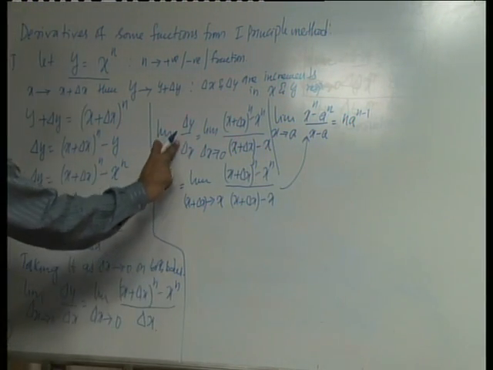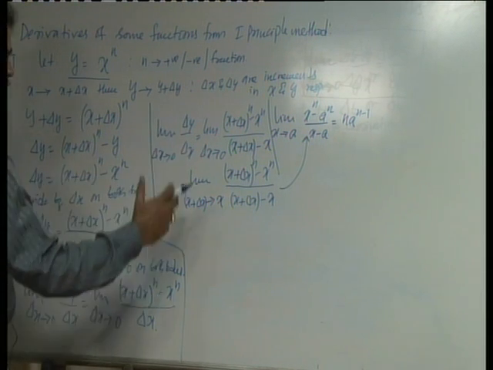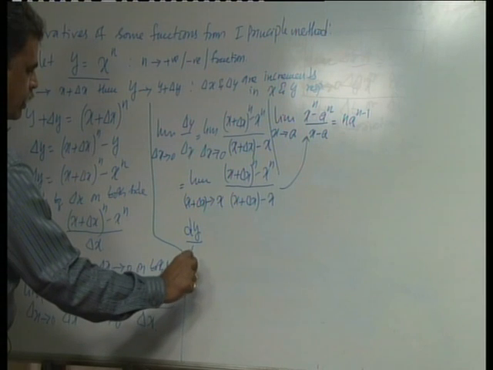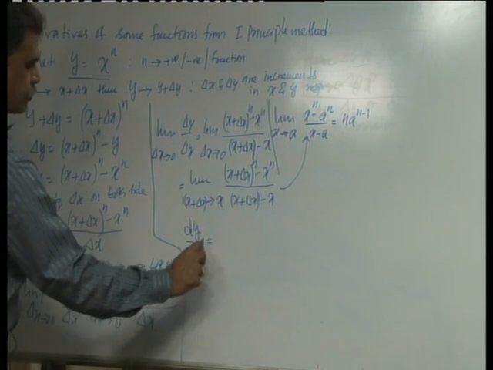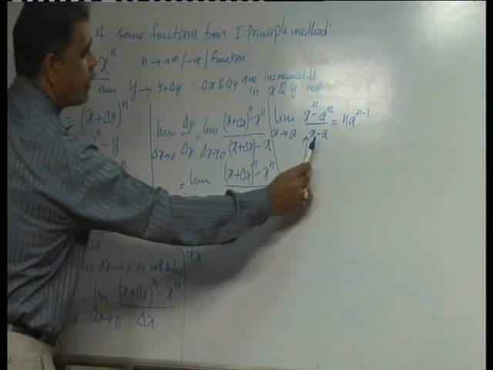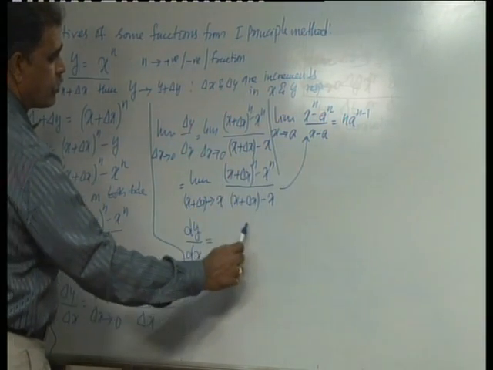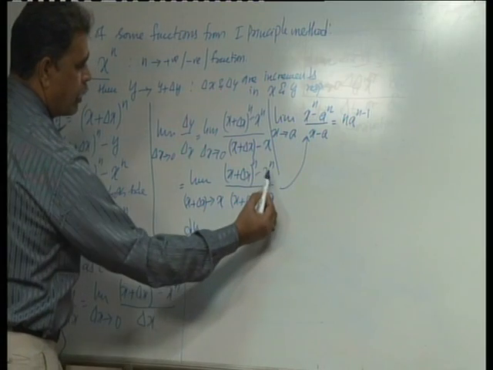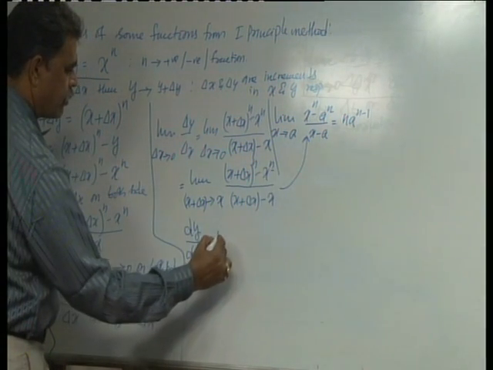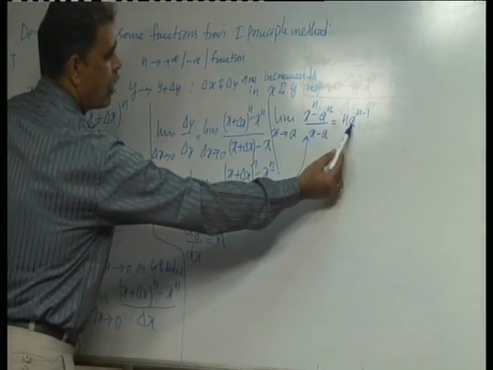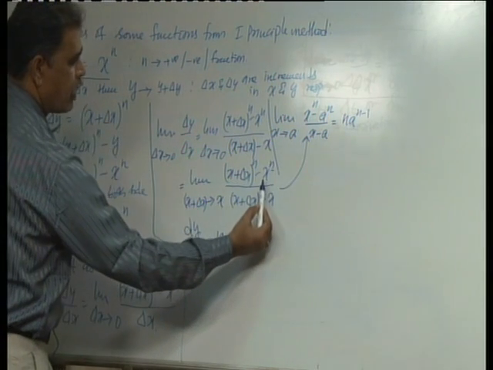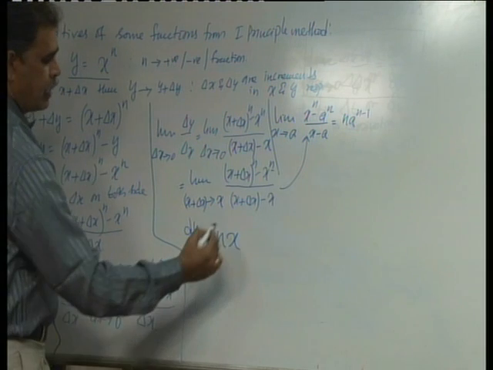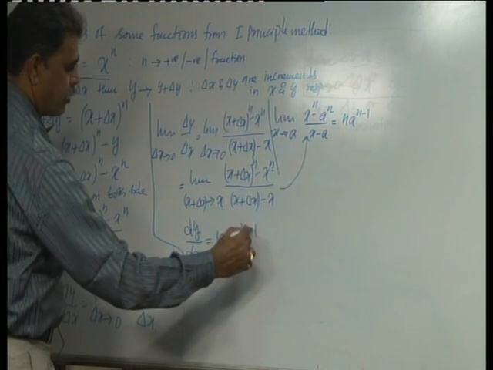The left hand side limit is always standard. It is taken as dy divided by dx, which is equal to, according to the standard limit, this right hand side limit becomes n into, in place of a we have x to the power of n minus 1.